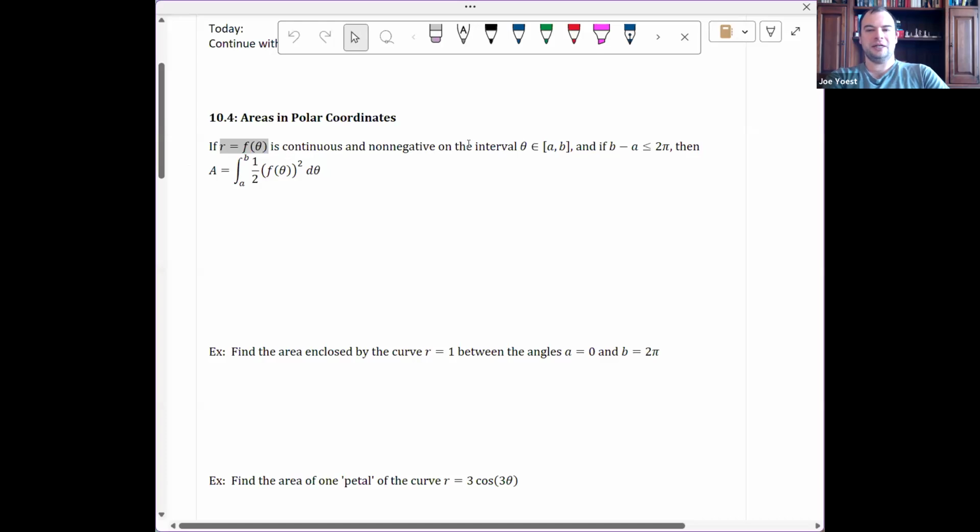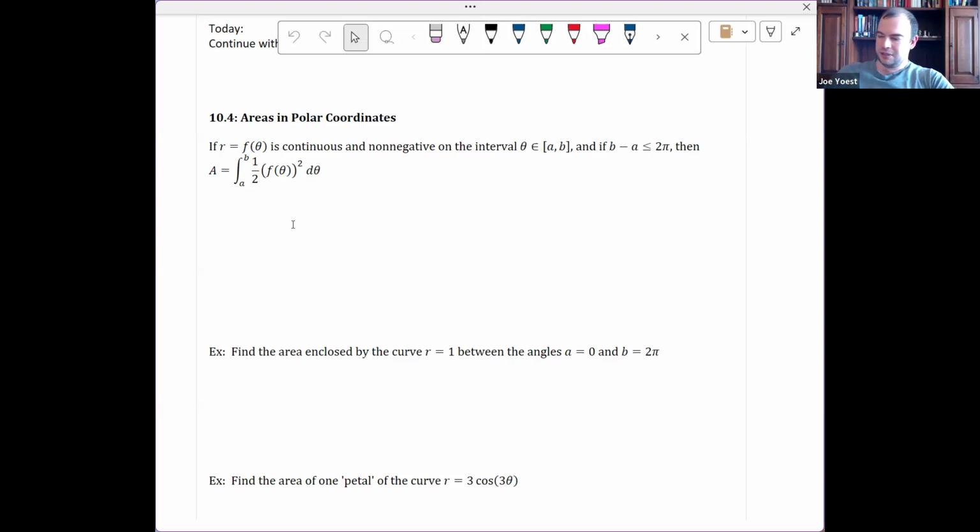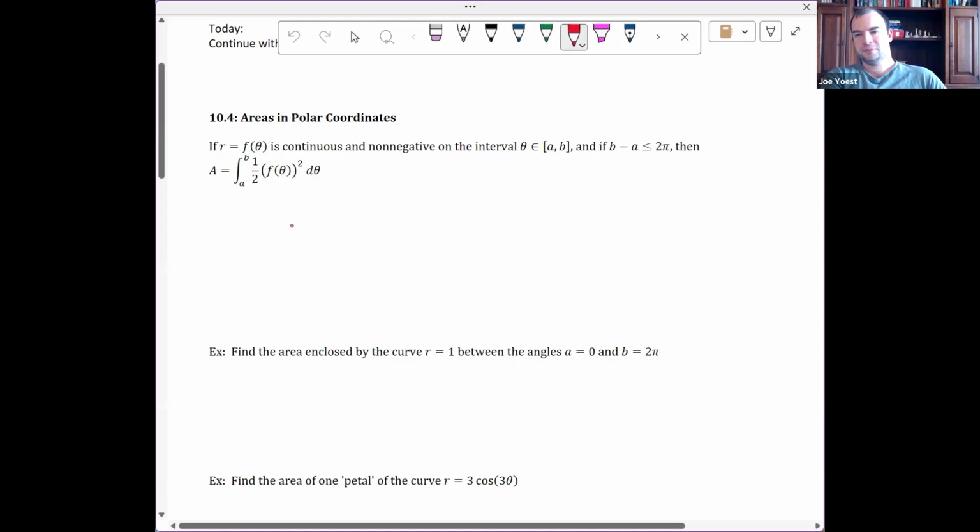If it is continuous and non-negative for theta in [a, b], where a to b spans a set of angles less than 2 pi apart, then the area is the integral from a to b of 1/2 f of theta squared d theta. This seems like it really just comes out of nowhere. Let's try to get an idea of where this comes from.